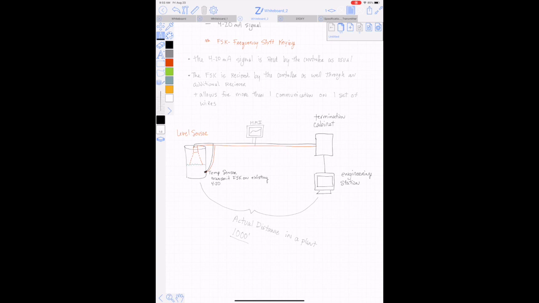This will greatly reduce that 1,000 feet of wire that we need. Now we only have to run the wire from the temperature sensor up to the level sensor wire, rather than running the wire all the way from the temperature sensor to the termination cabinet. This allows us to save a lot of wire and work.